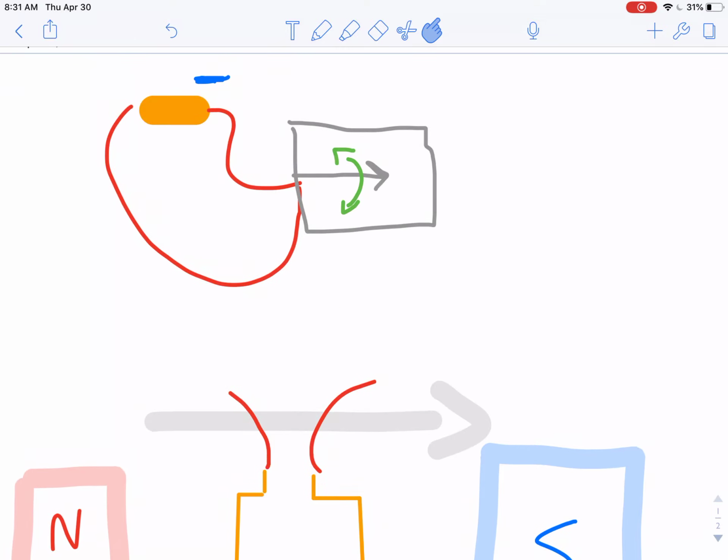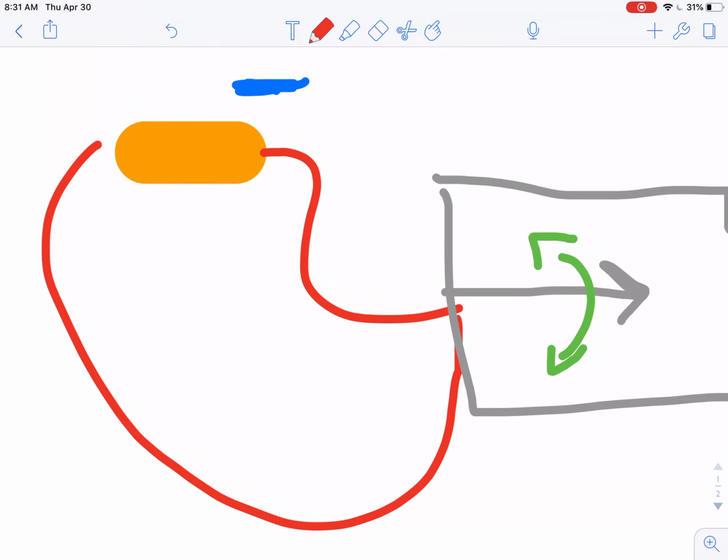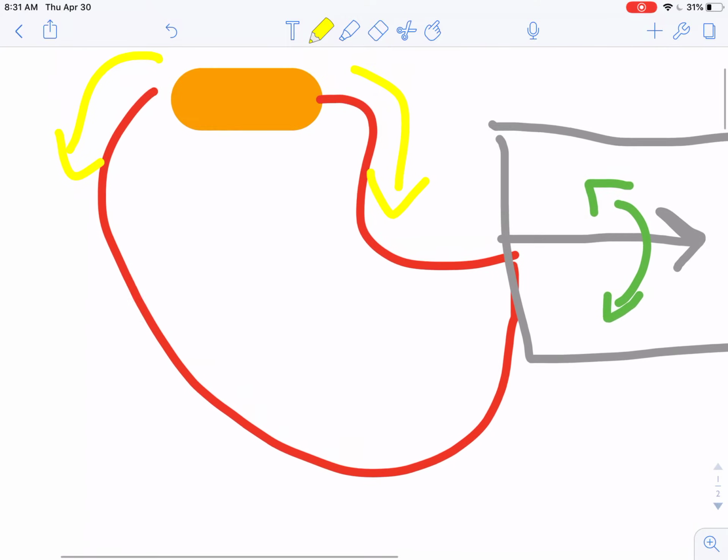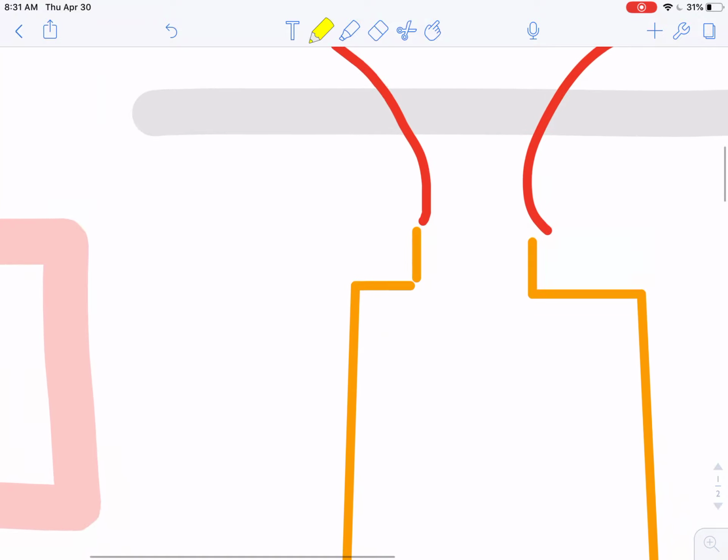So we said it depends upon which direction we move the magnet inside our solenoid, which will depend which way the current flows, right? We said in our video that the galvanometer predicted that there was current both ways. If you move the magnet from right to left, then the current flows one way. If you move the magnet from left to right, the current's going to flow the other way. So just please remember that.